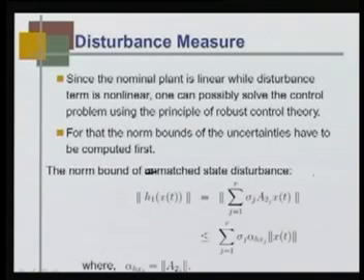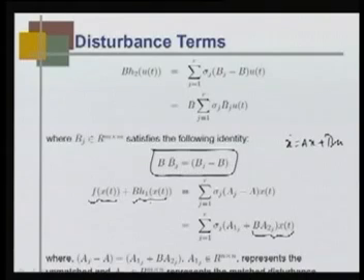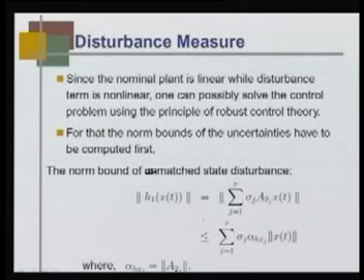You see, h 1 x t we have represented as the sum over j equal to 1 to r of a to j x t. So, that is what we have written here: h 1 x t is the sum of a to j x t, the norm from j equal to 1 to r, the overall norm.